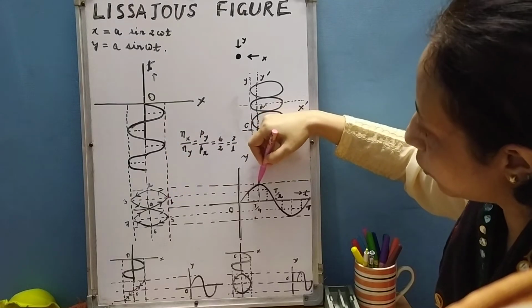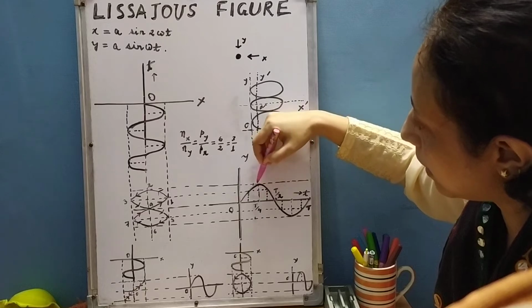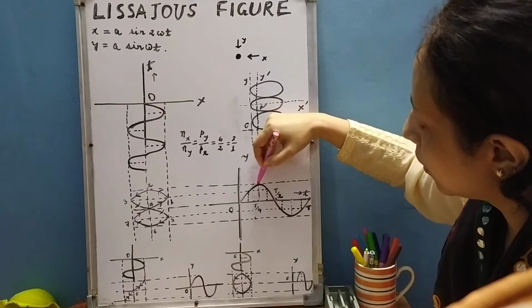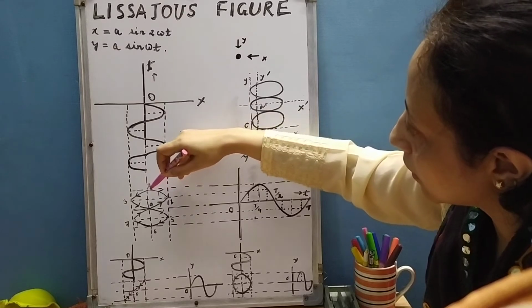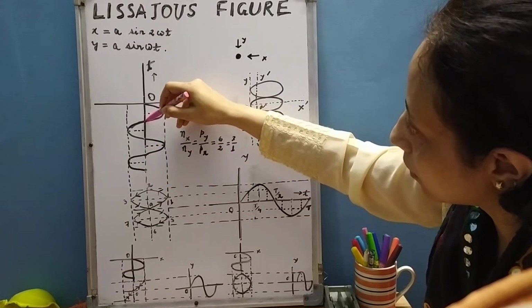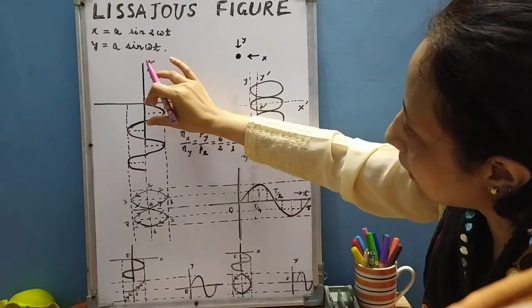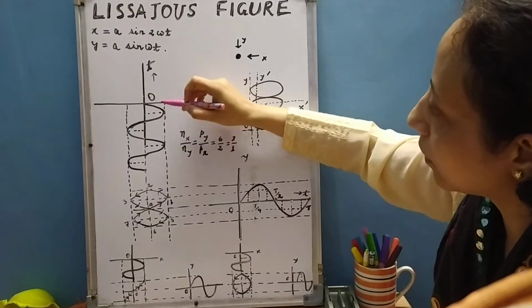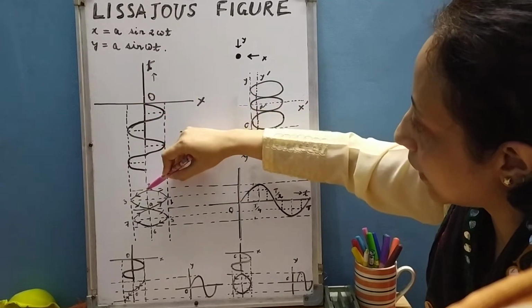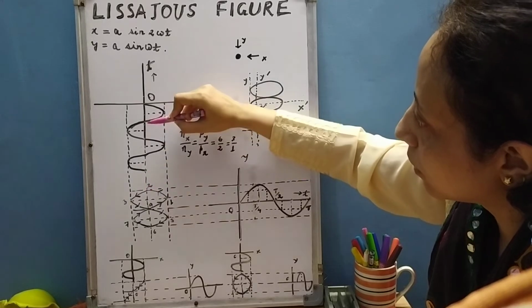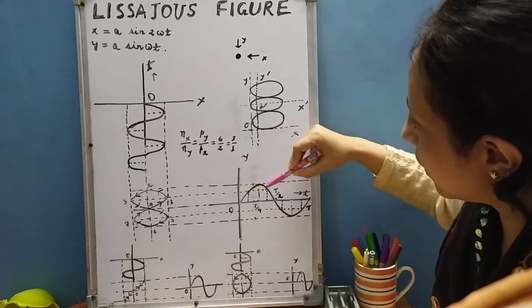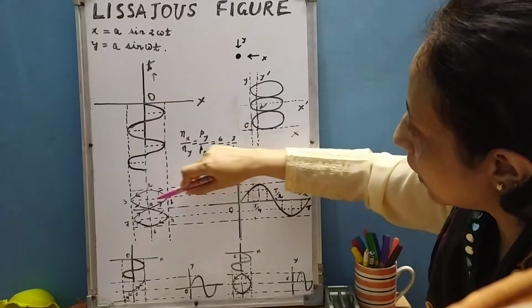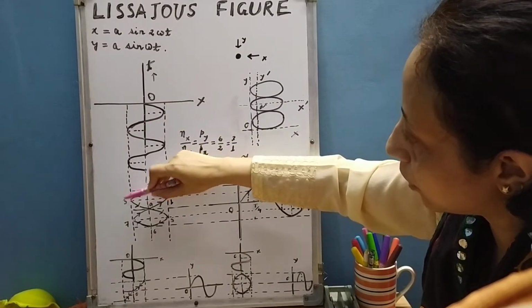The next position is here, corresponding to T by 4 of this diagram. So it is T by 4, and here the next position is this one. This time and this time are the same. So this is the next position, mark it as 2. The next position for this one is this, and for this one is this, so they meet at this point, 3.